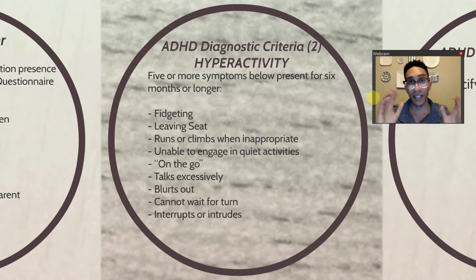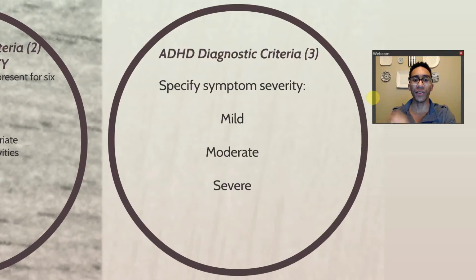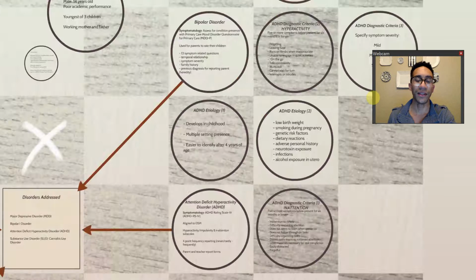Talks excessively, blurts out, can't wait for his or her turn, interrupts or intrudes. So, if a person is doing this consistently and it's getting in the way of their living comfortably, or functionally, then that would qualify. So like I said earlier, symptom severity, you have to specify whether it's mild, moderate, or severe.